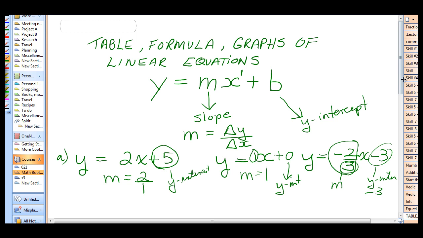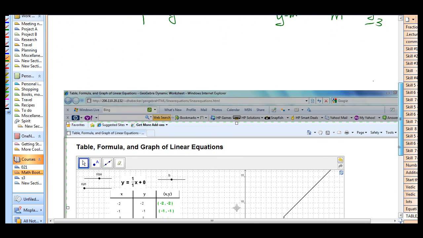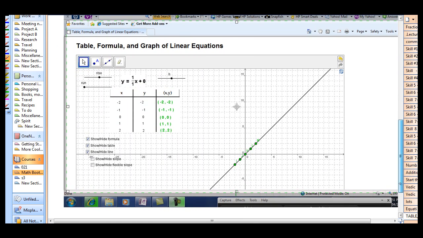So let's go look at the graph. So here, this is the graph of y equals x plus 0, where my b, or my y-intercept, is 0. And you could see the y-intercept is right here at this point. And the slope is 1. If there's nothing, it's a 1.